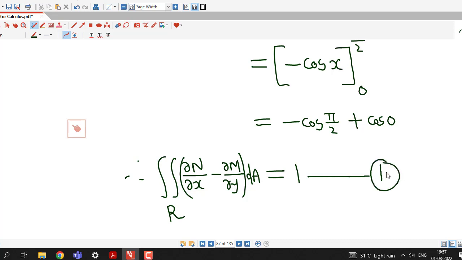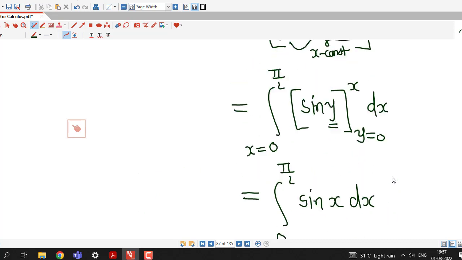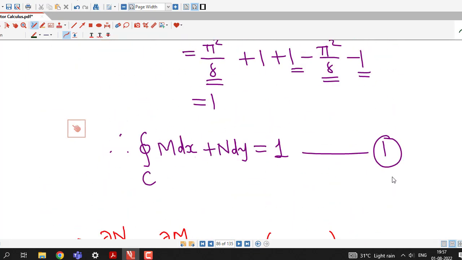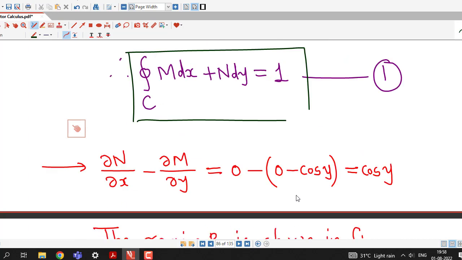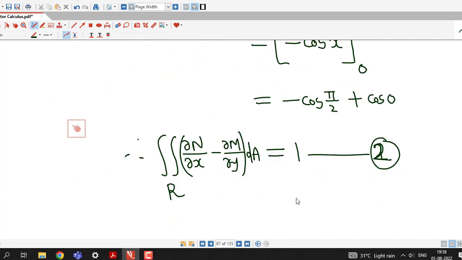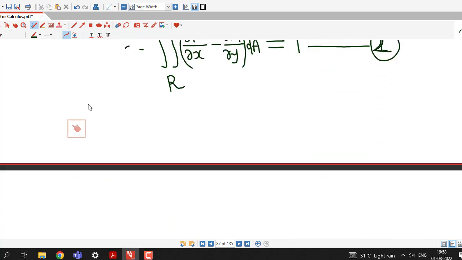We evaluated line integral first. This is number 2. In equation 1 we have obtained the value of line integral, and it turns out to be 1, and value of double integral is also 1. Therefore we can say that Green's theorem is verified.